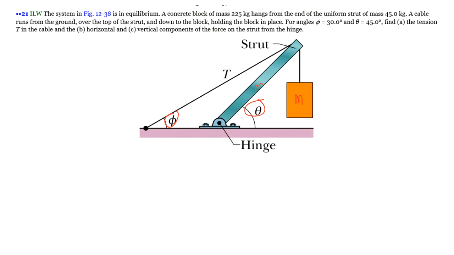And we want to find the tension in the cable and the horizontal and vertical components of the force on the strut. So remember, we'll have horizontal and vertical components and this T here. Okay, so that's three things we need to find. We have three equations. We should be good.